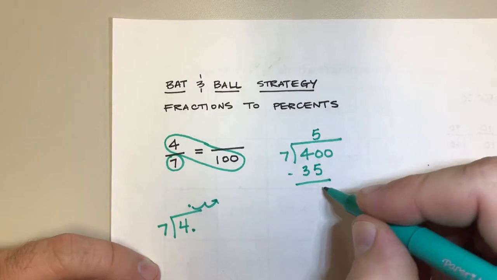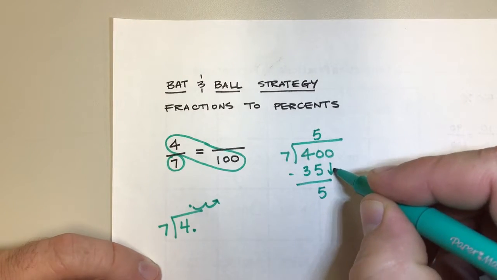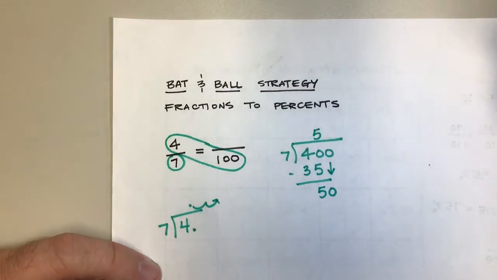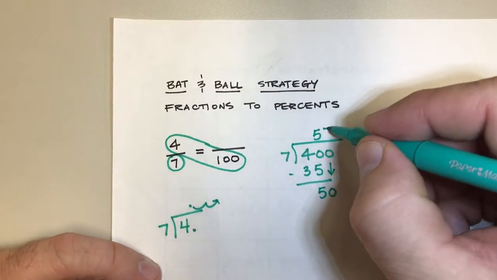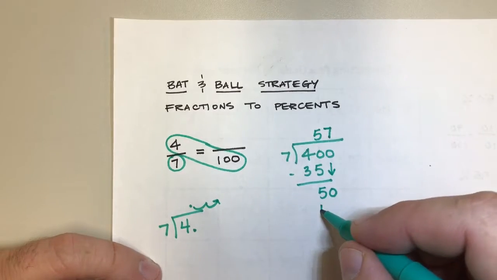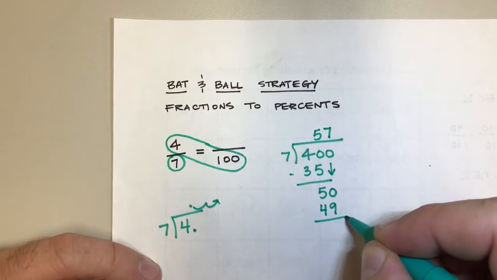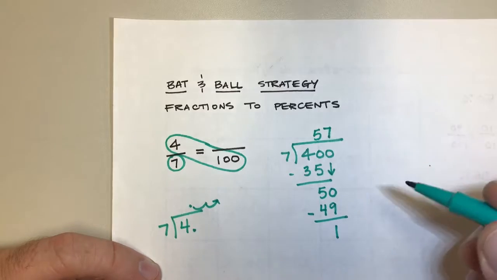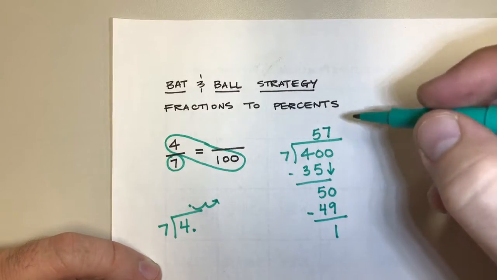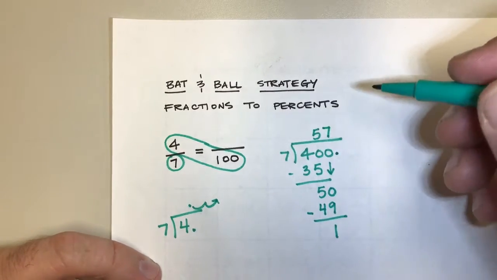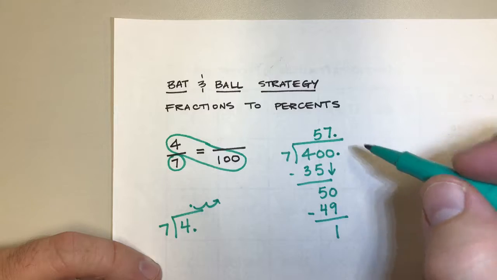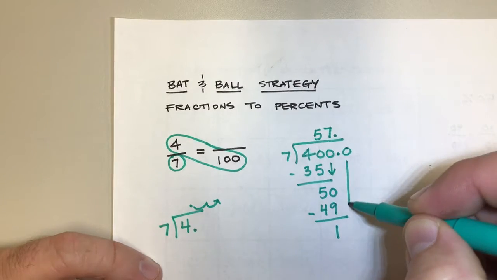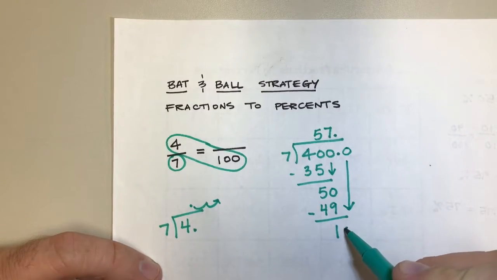And so we subtract and bring down just like we would in regular division. 7 goes into 50 7 times. 7 times 7 is 49. And subtract and bring down. Nothing to bring down, so here is our clue that we'll need a decimal point. And now we can bring down a 0 to complete our division.